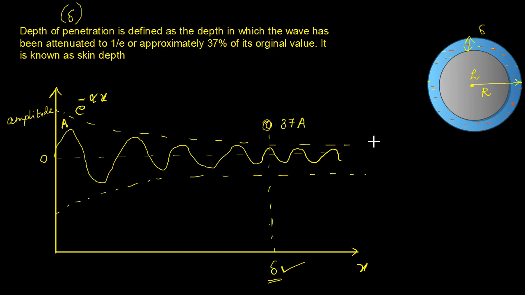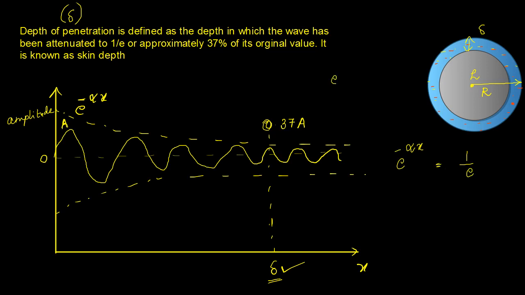This dotted line represents the exponential function. That means the amplitude is constantly decreasing exponentially, and it is represented using e power minus alpha x, where x is the distance traveled by the electromagnetic wave. Now let us equate these two. That is e power minus alpha x, and skin depth is the point where it is 1 by e.